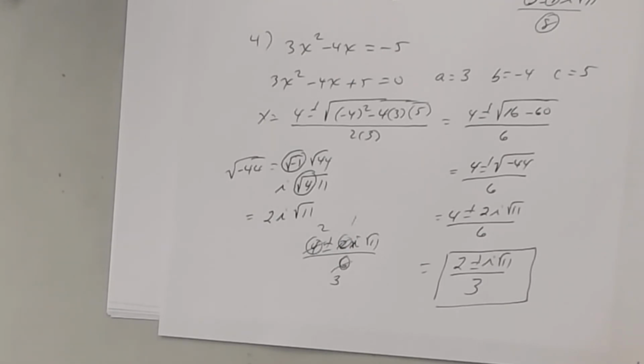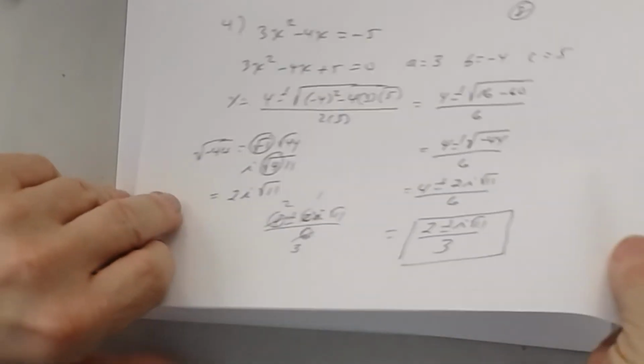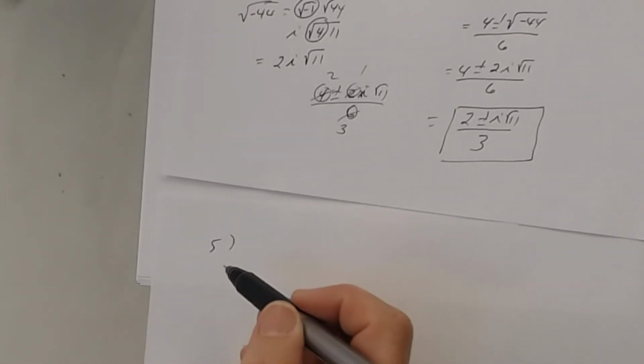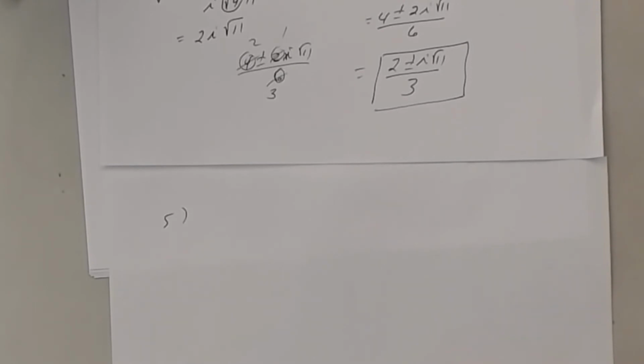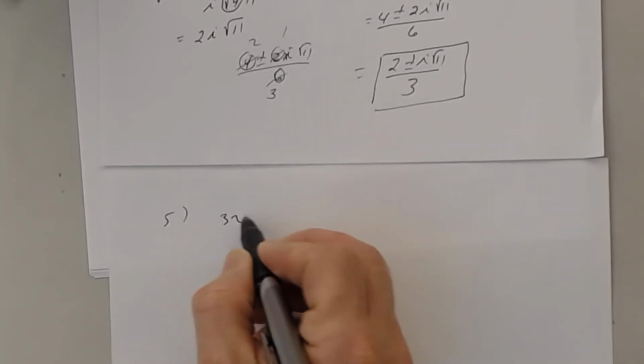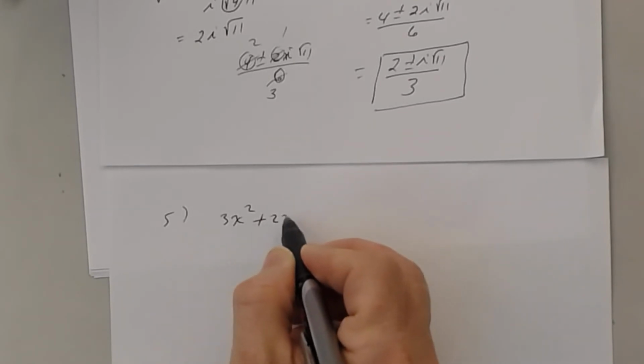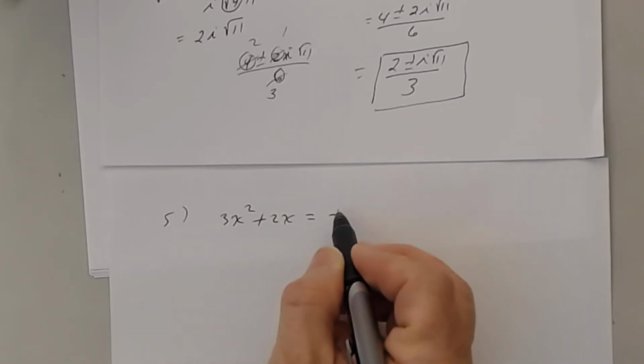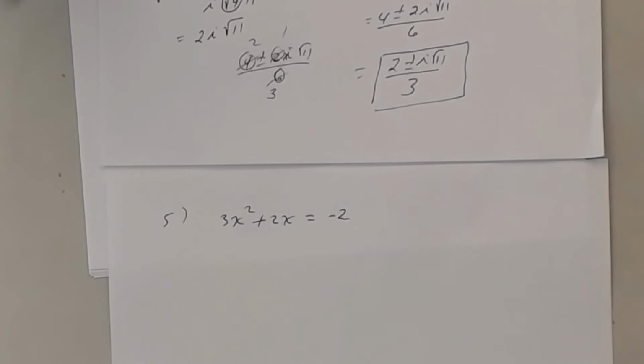Okay, let's do one more. So let's get number 5. Let's suppose we had this problem: 3x squared plus 2x equals negative 2.